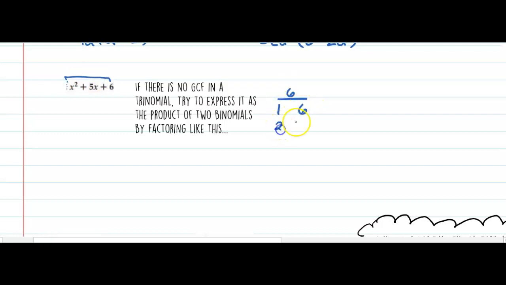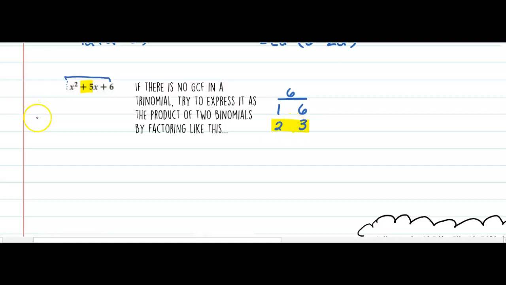Now I'm going to list my factors of 6. 1 and 6, 2 and 3. I'm looking for a combination over here that combines to give me 5. 2 and 3 gives me 5. 6 take away 1 also gives me 5, but this is not a negative 1. This is a positive 1. So this is my winning combination.